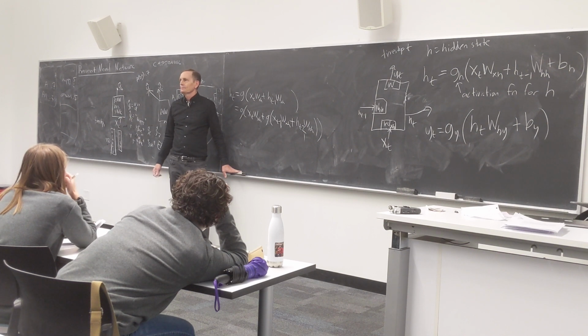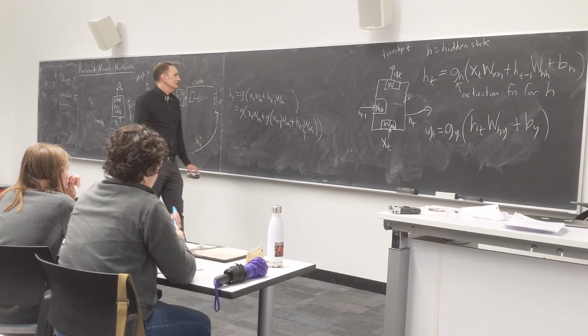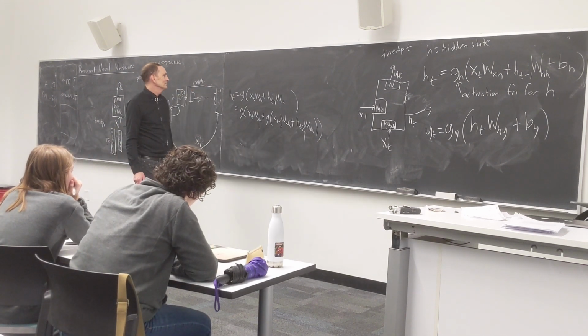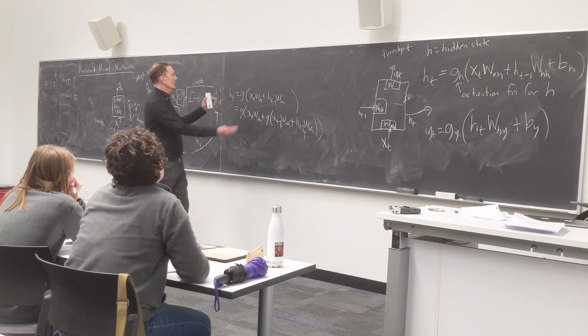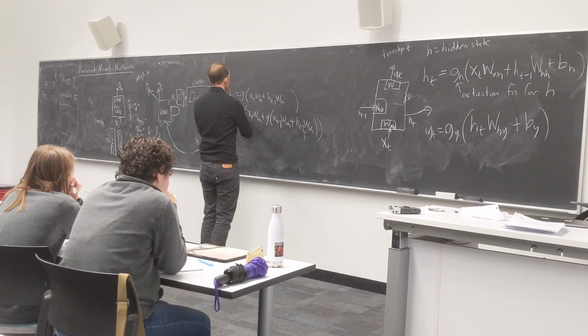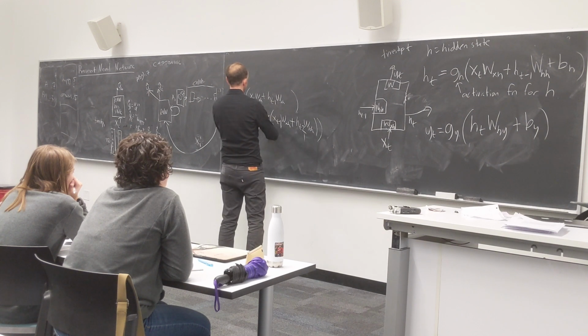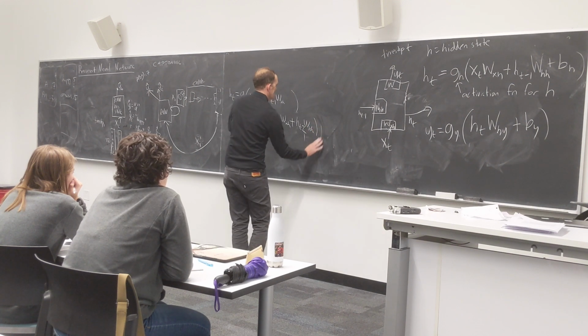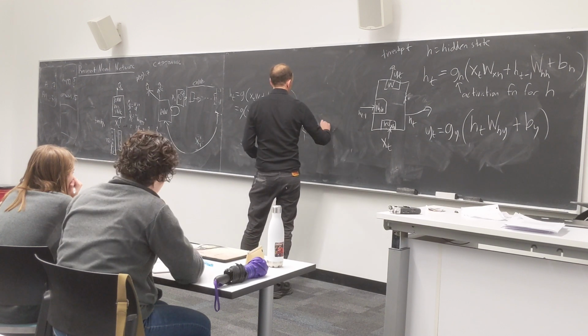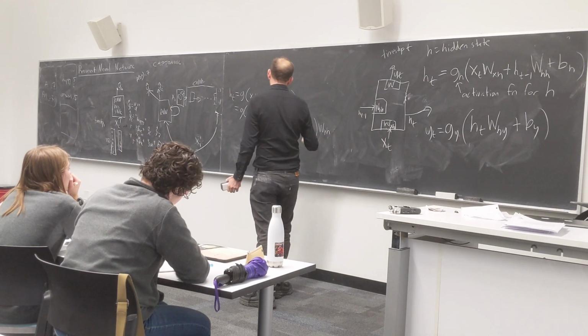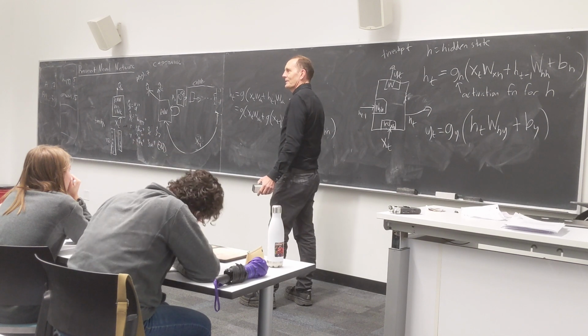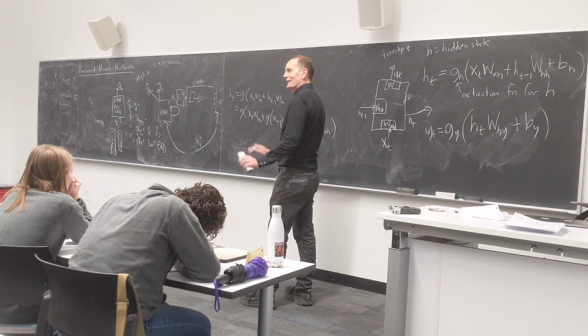Yes. Do we still need a W, like the basic state HH outside of this? All right, let's look at this. We've got G of X sub T W sub XH plus H sub T minus 1. We know H sub T minus 1 is this. All right, everyone likes this now.